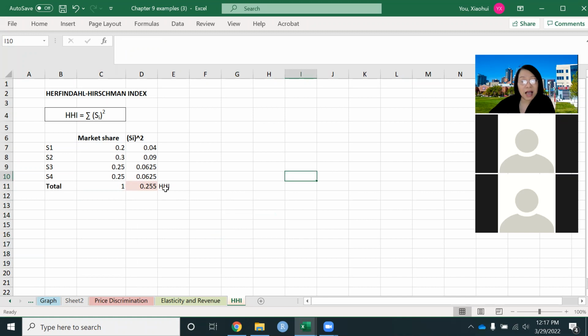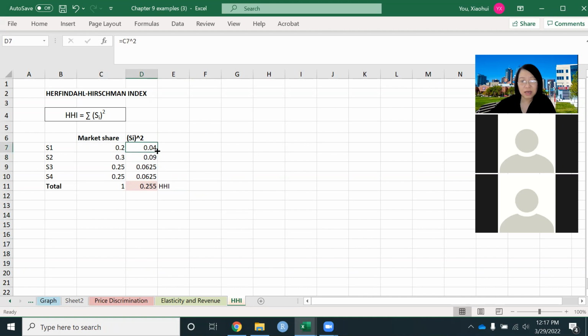Okay, now let's look at how to calculate HHI, the Herfindahl-Hirschman index. For the share, first do it this way: each share, you take the square of it. Let me do it for you. Equal to this value, take square.